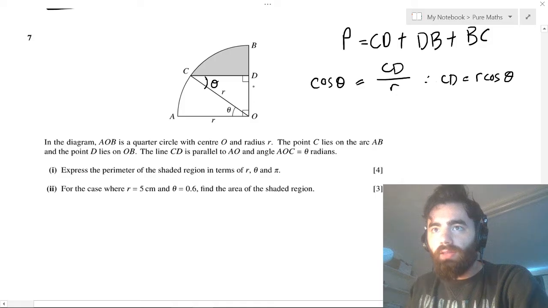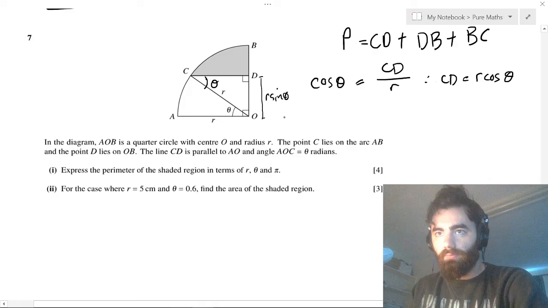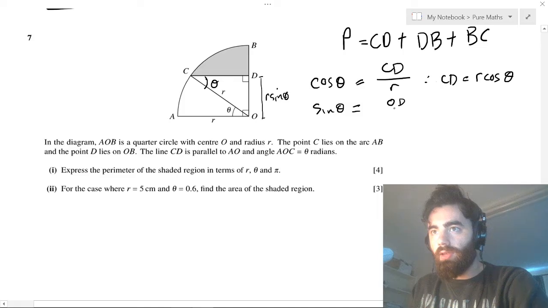And then the OD, this length here, is going to be the same, but it's going to be R sine theta. So we know that sine theta equals OD over R. So therefore OD equals R sine theta. But we don't want OD, we want BD.